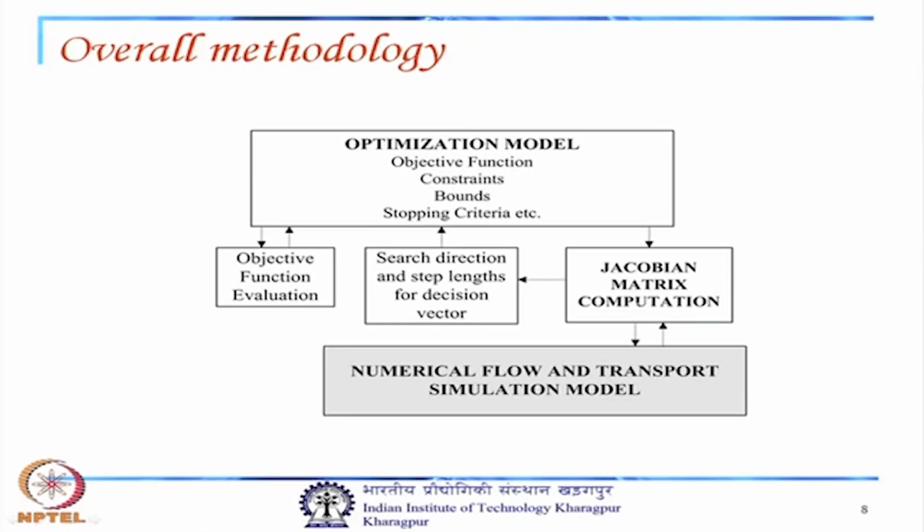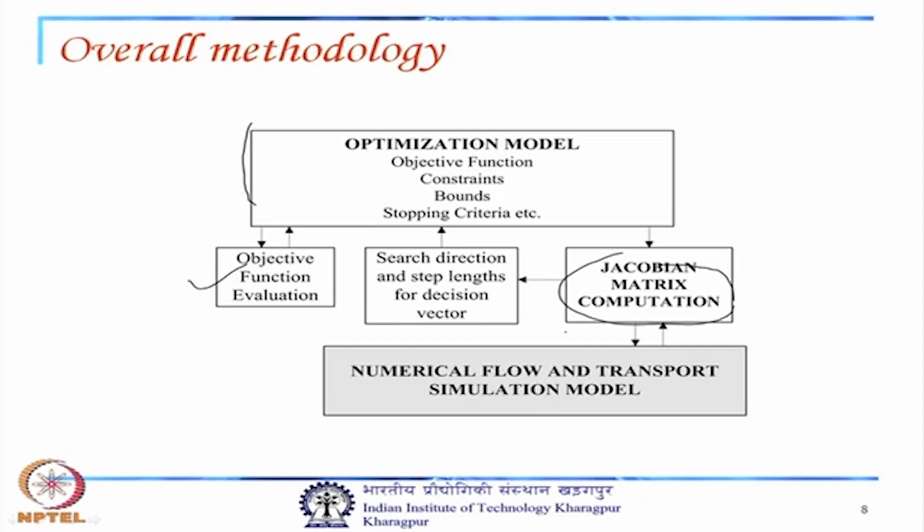So, overall methodology is that we can have optimization model, we can have objective function, and we can have Jacobian matrix, and with this we can have some kind of search direction, step length and decision vector that can be determined, and the most important thing is the flow transport simulation model.